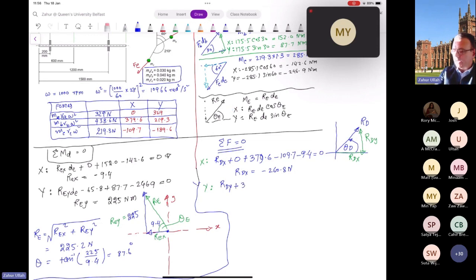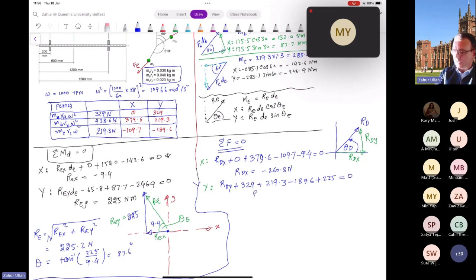So positive 329, and then positive 219.3, and then negative 189.6. And then you will also need to add this reaction, which is REY, which is 225. And this should be equal to 0.